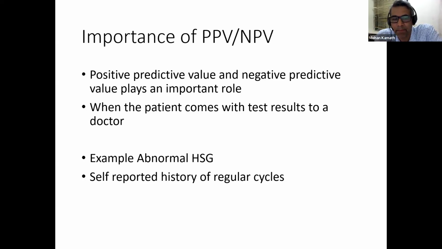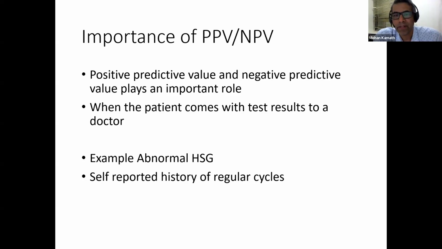I'm just giving an example: when a patient has come to you with an abnormal HSG. A lot of us are in tertiary centers, and people will come with an abnormal HSG report. At that point, talking about sensitivity and specificity is not exactly going to help. You have a test. All you need to know is the PPV of bilateral block for HSG.